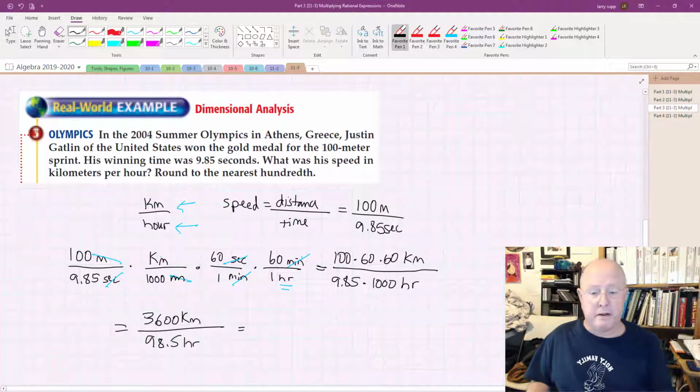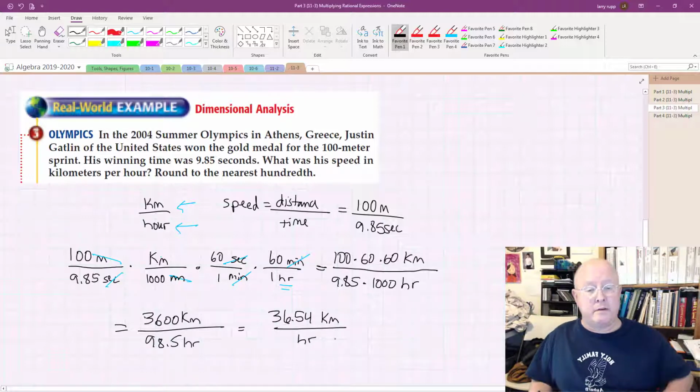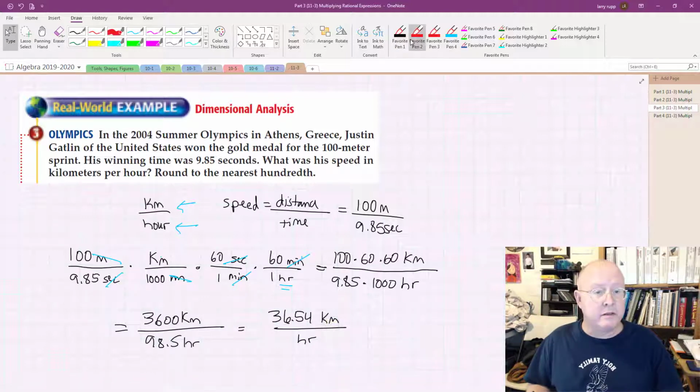So you take 9.85 and you divide it into 3,600. All right, you're basically reducing this, and what you end up with here is 36.54, because it says round to the nearest hundredth, kilometers per hour. All right, and that is your answer.